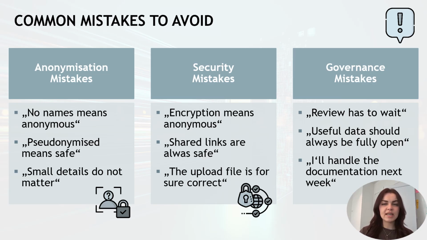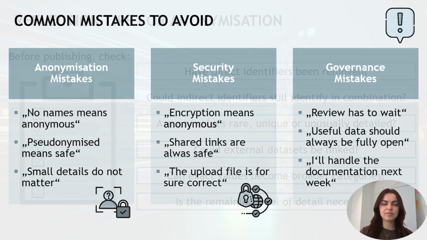Another common mistake is publishing data at a level of detail that is not actually needed for the public purpose. Responsible publication means questioning these assumptions before release, not after a problem has been found. Avoiding these mistakes becomes easier when teams use simple, repeatable checks before publication.